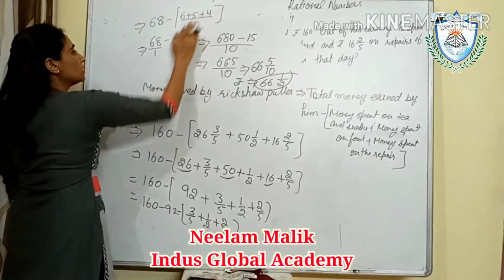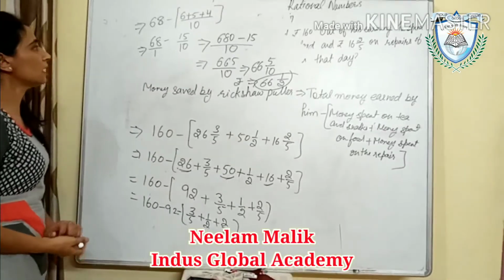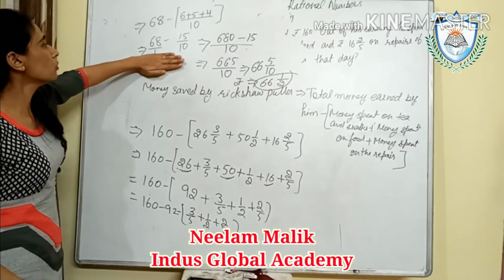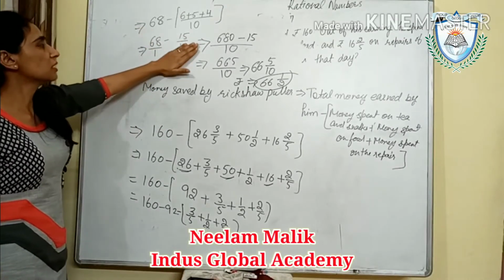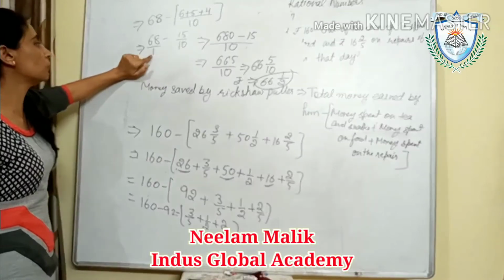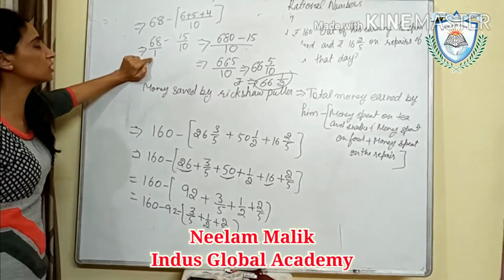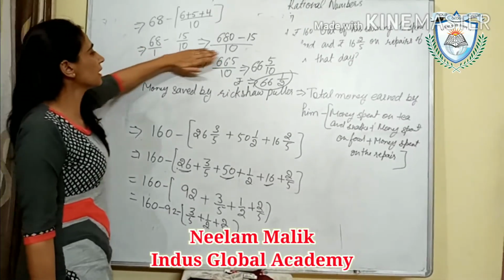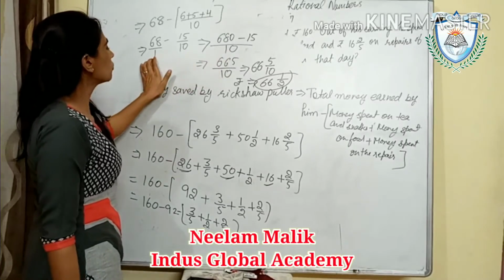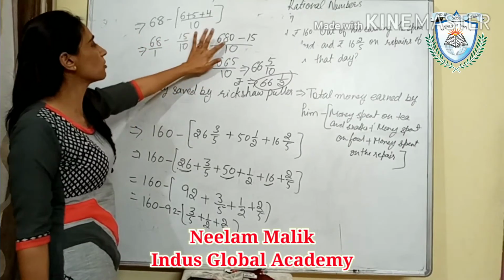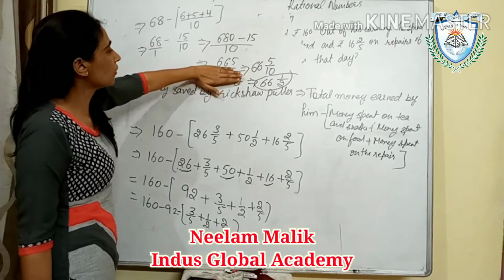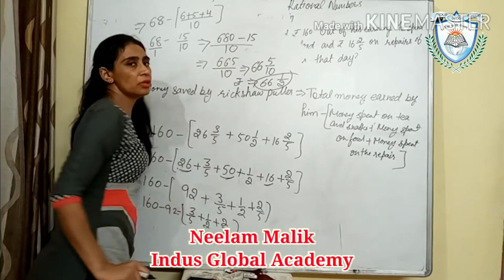Now you will solve this, you get here 15 upon 10. Now this is an integer and this is a rational number, so I put here 1 so that I can convert this into a rational number. Now I take the LCM. LCM is 10, so 1 tens are, that's why it will be multiplied with 10, minus 50. After that 665 upon 10.